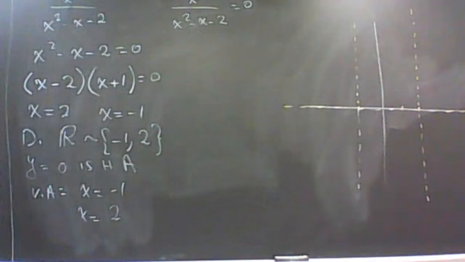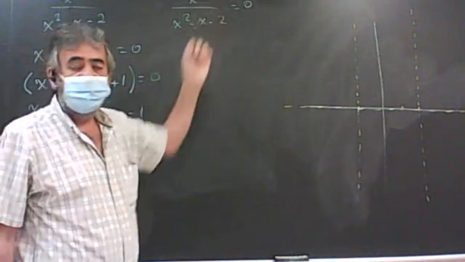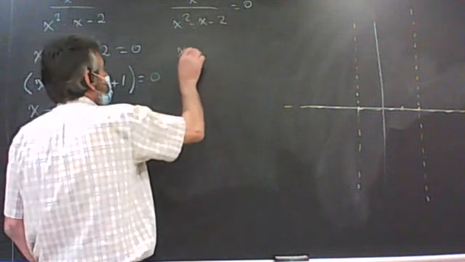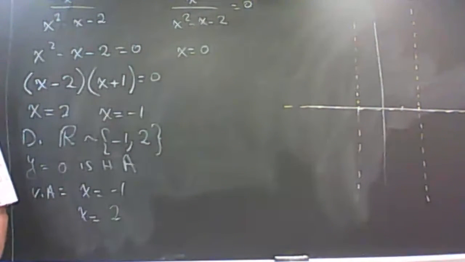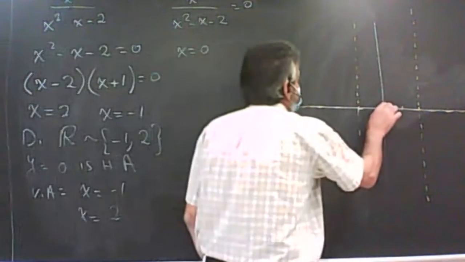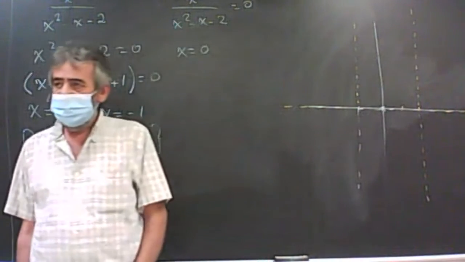Yes? So that means the numerator must be what? 0. So that means x equals 0. In this case, yes, it does cross that point. Where does it cross it at? This point. Yeah?